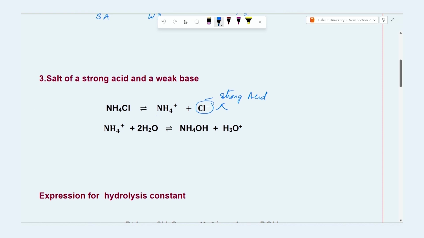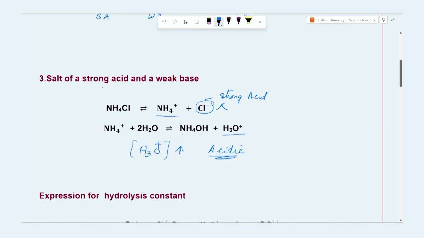The ammonium ion, which is a part of a weak base, undergoes hydrolysis, that is this cation interacts with water to form ammonium hydroxide releasing H3O plus ions. When H3O plus ions are released into solution, that is when I put ammonium chloride in water, the concentration of H3O plus increases, which means that the solution becomes acidic.